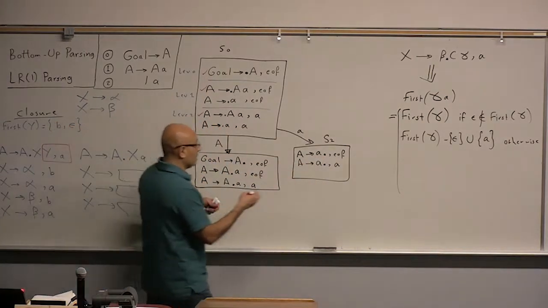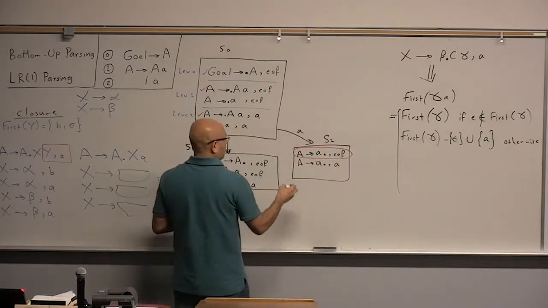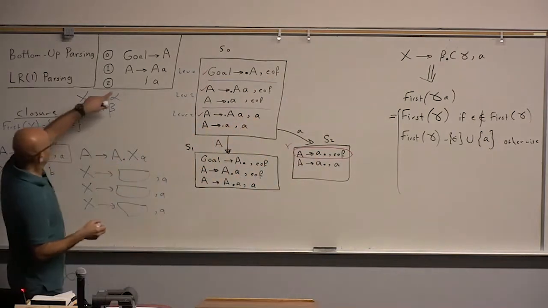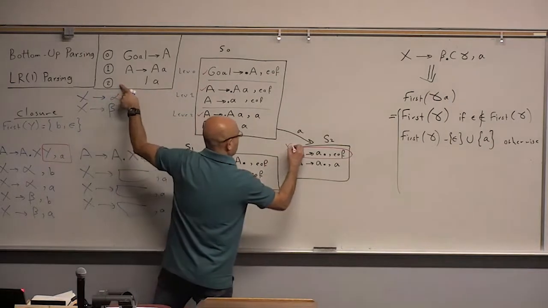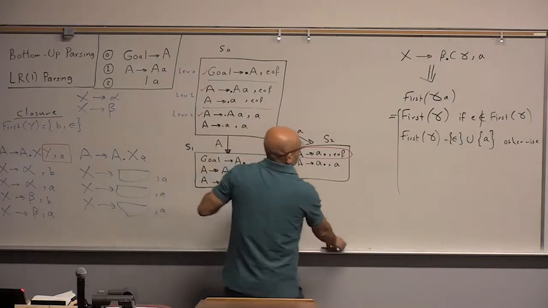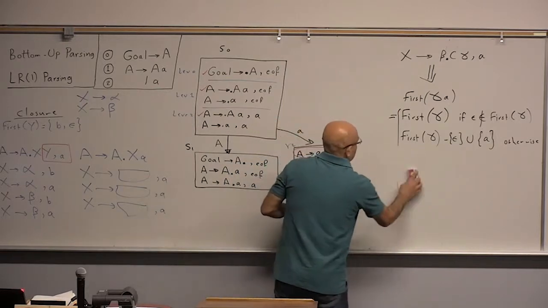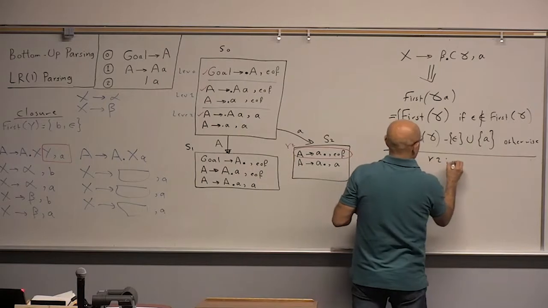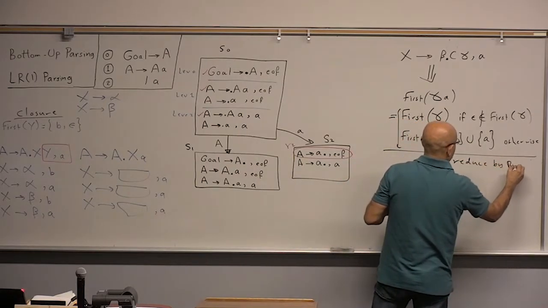So we are ready to make this reduction. And in this case, we reduce. So this is a reduction by which rule? Rule number 2. So we call it R2, which means reduced by rule 2.